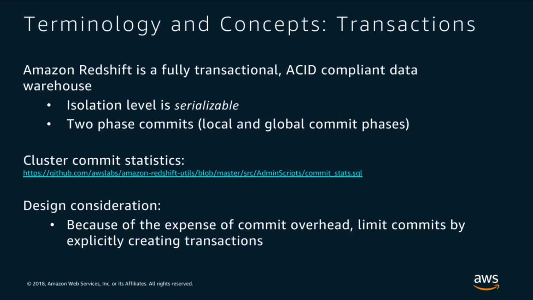So in certain cases, it really makes sense to improve performance by batching those up within a transaction. If you have an ETL workflow, you're probably going to want to have it wrapped up into a transaction with a begin and a commit.